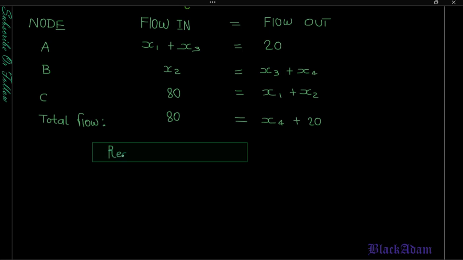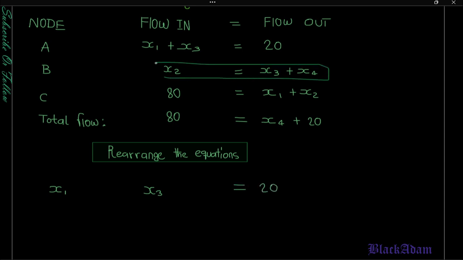Then we have to rearrange the equations in the correct order so that we can apply the matrix. We have about 4 of them. We have x1 plus x3, so we have x1 there and x3 to give us 20.